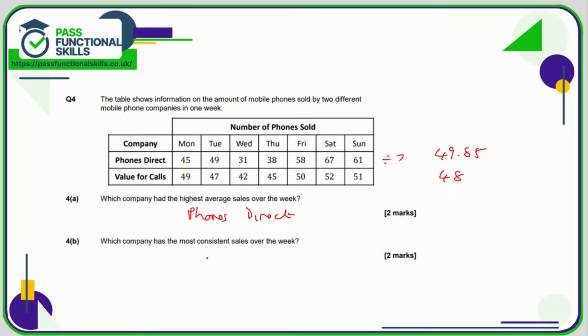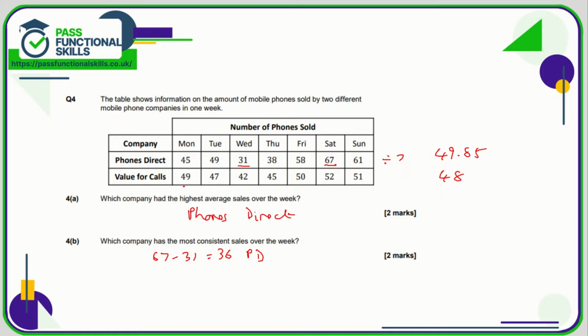Which company has the most consistent sales? So again, we're comparing the ranges. So if we look at phones direct, their best week was 67, the worst was 31. So 67 minus 31 is 36. I'll put PD for phones direct.